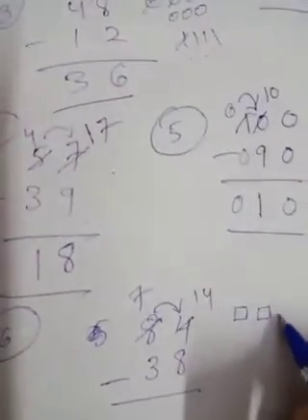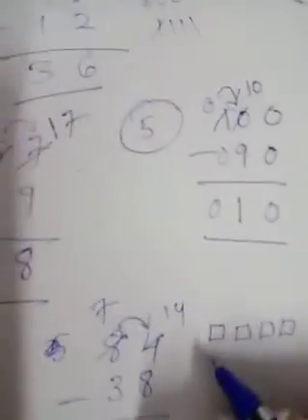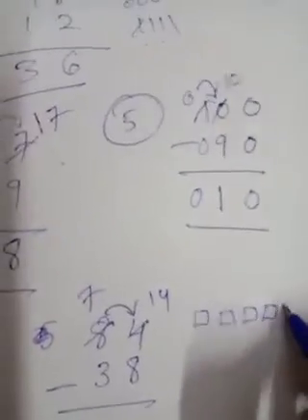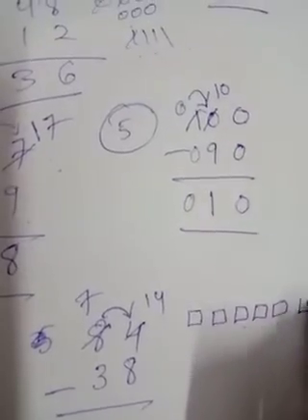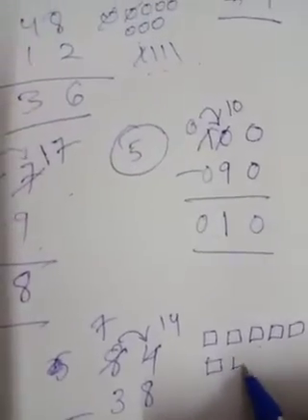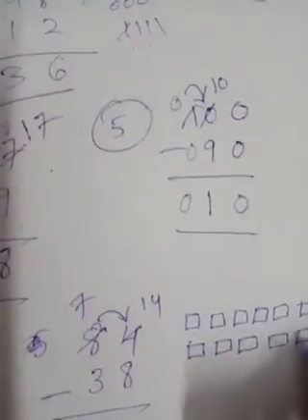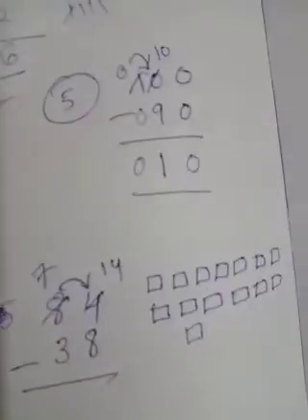So I am showing one box as 1, 2, 3, 4, 5, 6, 7, 8, 9, 10, 11, 12, 13, 14.